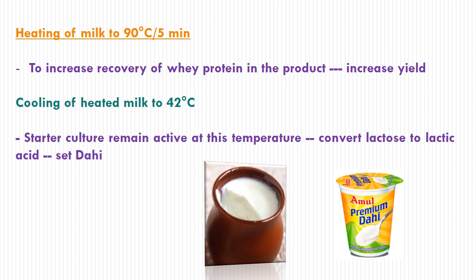Similarly, cooling to around 40-42 degrees Celsius is good, because at this temperature some thermophilic bacteria will grow, especially the yogurt culture, that is Streptococcus thermophilus and Lactobacillus bulgaricus. They grow better if the temperature is above 40. So the starter culture remains active at this temperature and converts lactose. They use the lactose for their metabolism and to get their energy, and in that process they produce lactic acid. That lactic acid accumulates, and that is the cause of coagulation and setting of yogurt or curd.